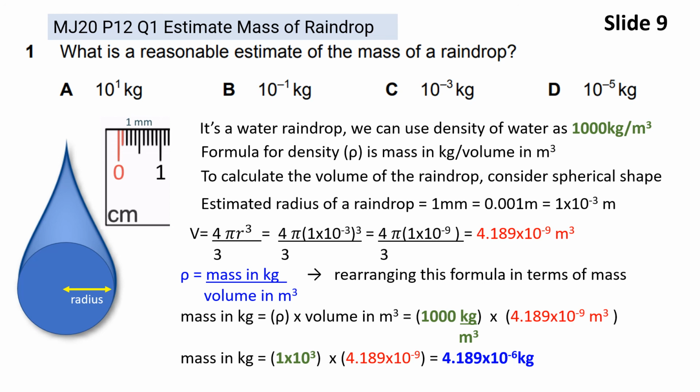B, 10 to the negative 1 kilograms, is equivalent to 100 grams, which is way too much. So A and B will not even be an option, even if you didn't want to do all this calculation. Now we are between C and D, and because you are estimating, we cannot have an exact number, but definitely it is not C, so the option will be D.